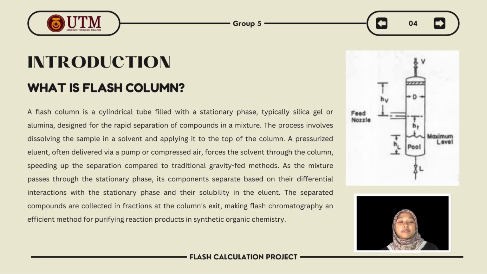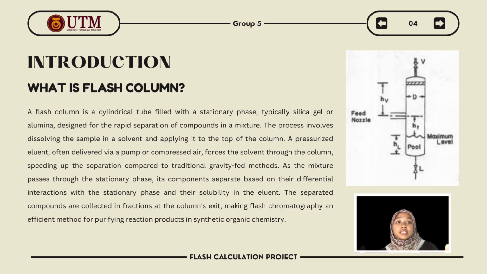I'm going to explain the introduction of what a flash column is. A flash column is a cylindrical tube filled with a stationary phase, typically silica gel or alumina, designed for the rapid separation of compounds in a mixture.